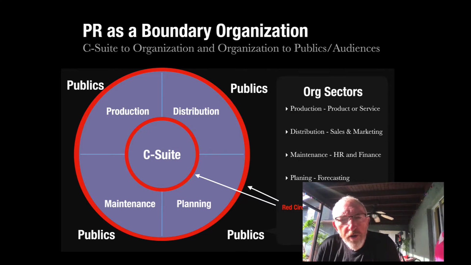So it's important to understand the model of the function of public relations. What you see is in the inner circle, denoted by the red, you have the C-suite, the executive suite. It's where the owner, the chief executive officer, the president, chief marketing officer, chief information officer reside. And at the C-suite is where organizational strategy is developed.